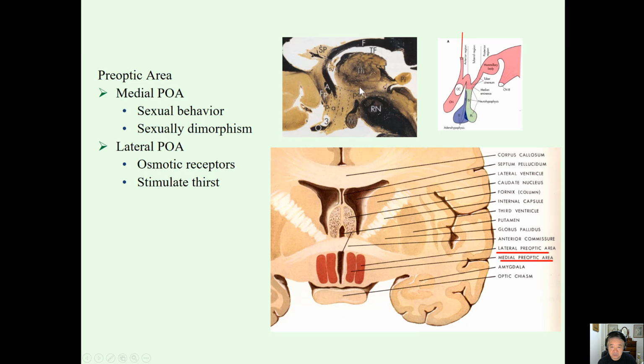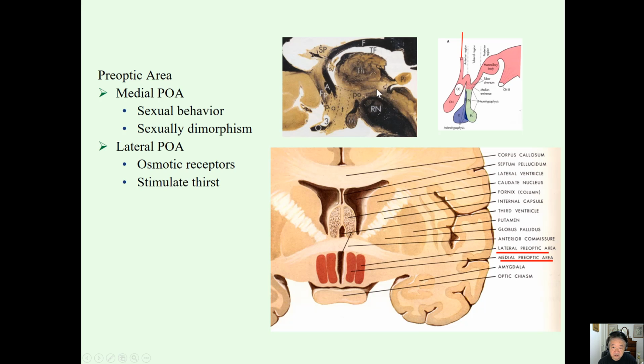This is your thalamus, and the hypothalamus is here. In the hypothalamus, you have the preoptic, anterior, tubular, and posterior hypothalamic regions. This is from the side view or midsagittal section.